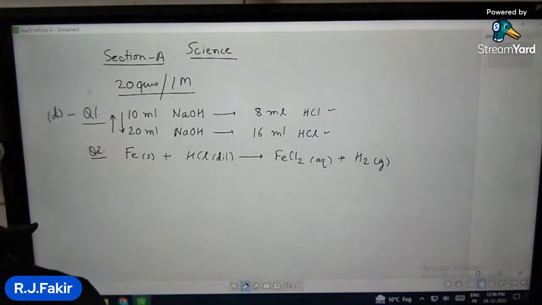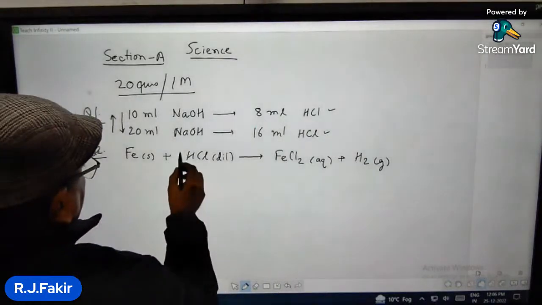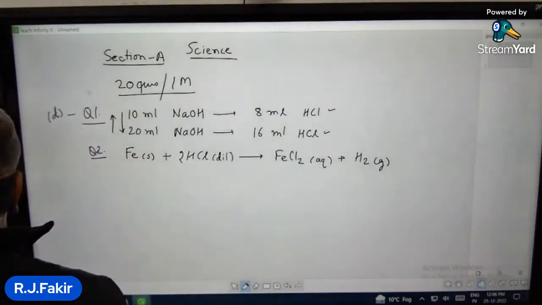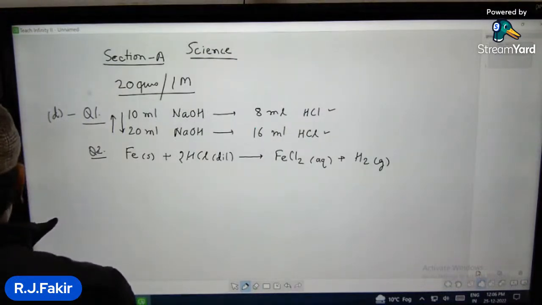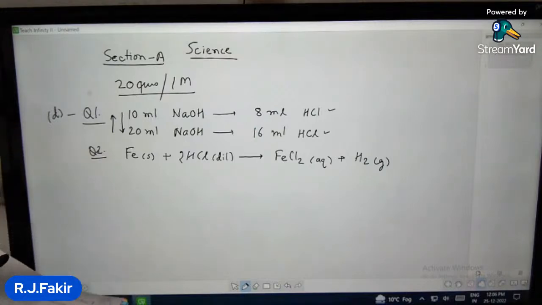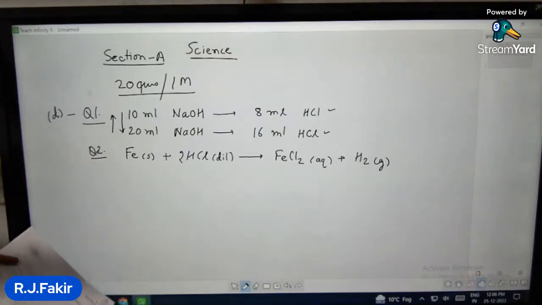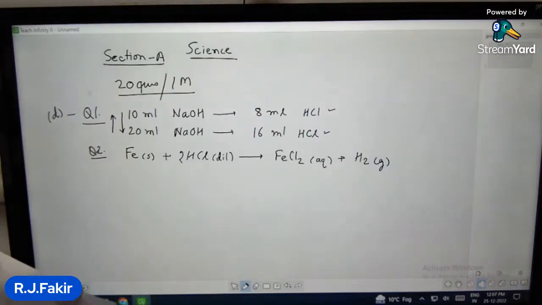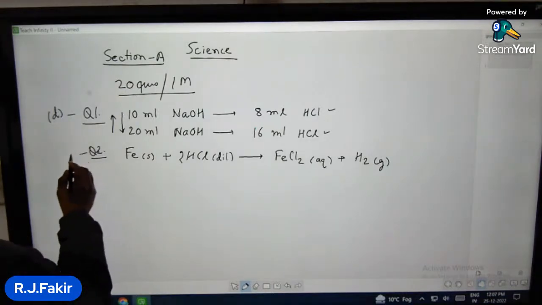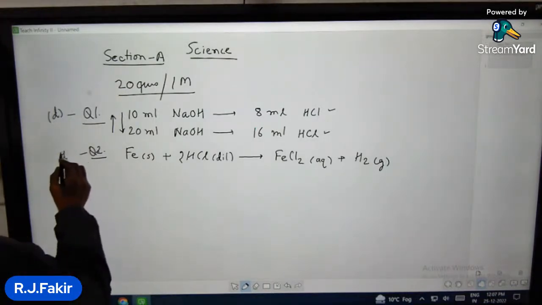Now let us check whether it is balanced. Okay, put 2 here. So if you remember this reaction, then you can easily answer this question, and option A says that hydrogen gas and iron chloride are produced. So for the second question, option A is correct.